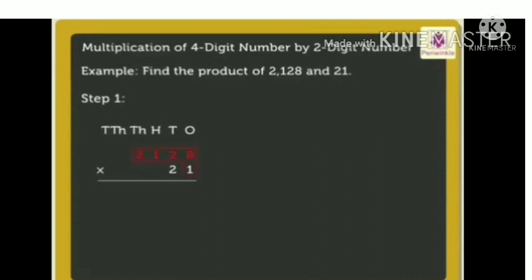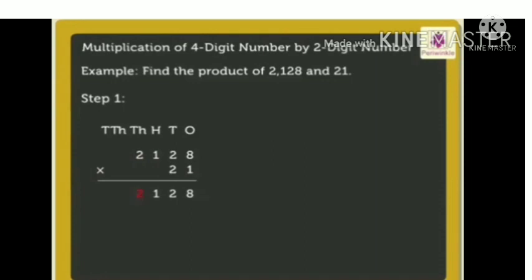Multiply 2,128 by the ones digit of the multiplier, that is 1. 1 into 8 is equal to 8. 1 into 2 is equal to 2. 1 into 1 is equal to 1. And lastly, 1 into 2 is equal to 2.